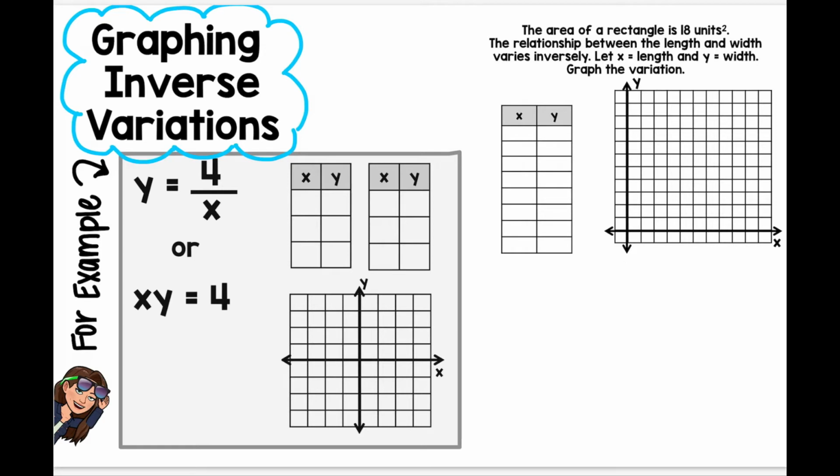Using this information, we can fill out a table. So if x times y is always equal to 4, then we can simply think about what are some x values, what would we have to be multiplying by in order to get 4. So if we start with some negative numbers, I'm going to start with negative 4.